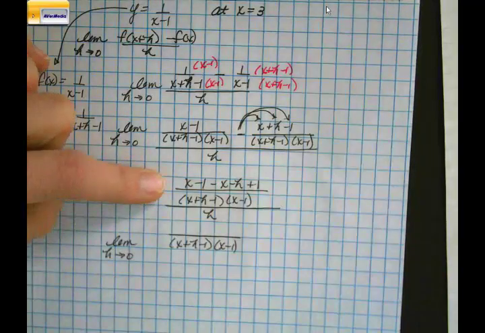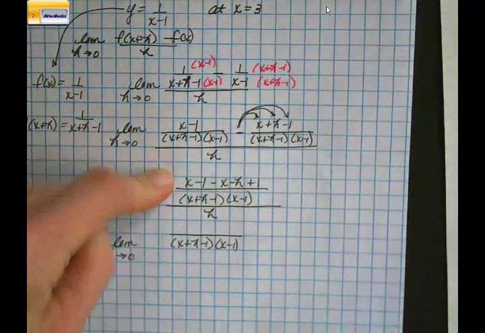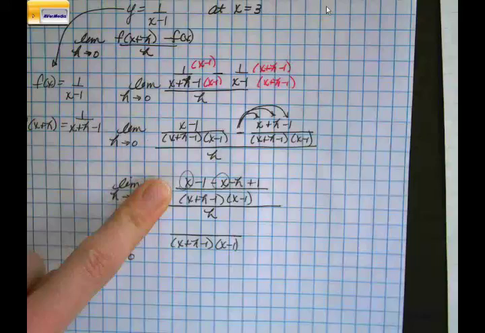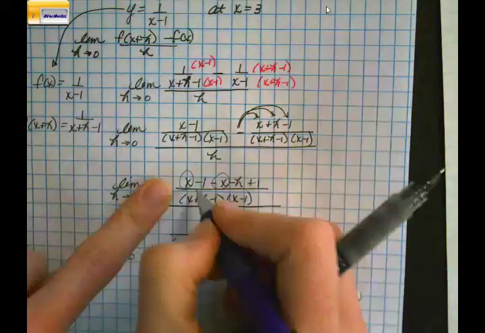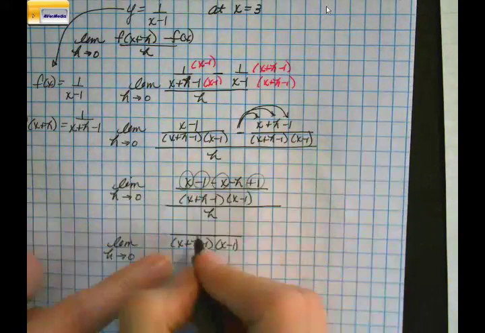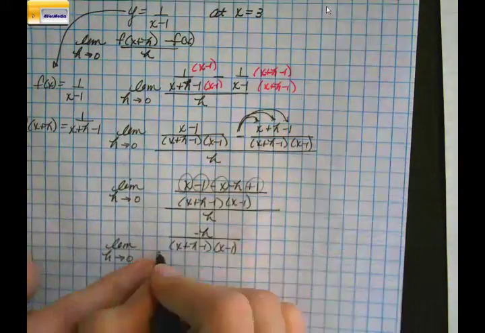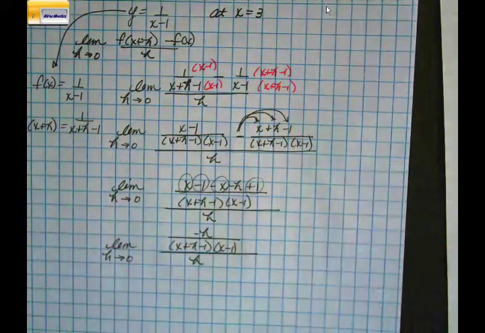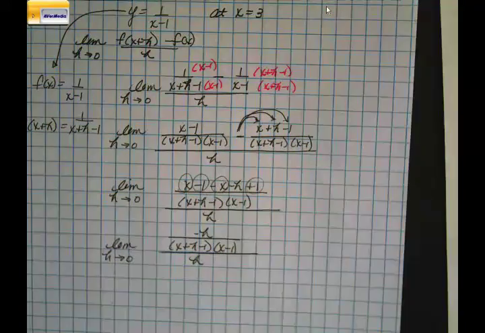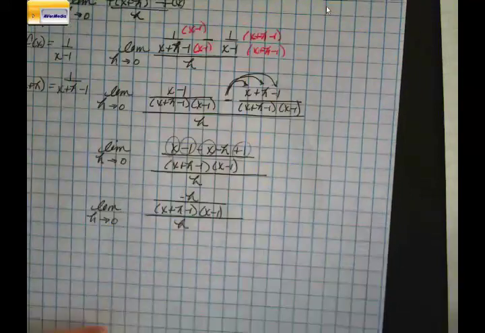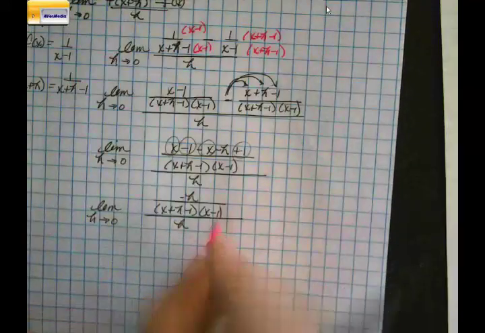Okay, so we have this x and this x kind of zeroing out. We have this negative 1 plus 1 being 0, so all we have left is a negative h, right? That makes us happy. It's supposed to make you happy. Now with this complex fraction, I'm going to multiply the bottom.